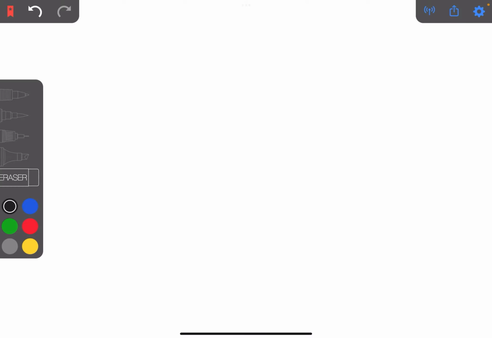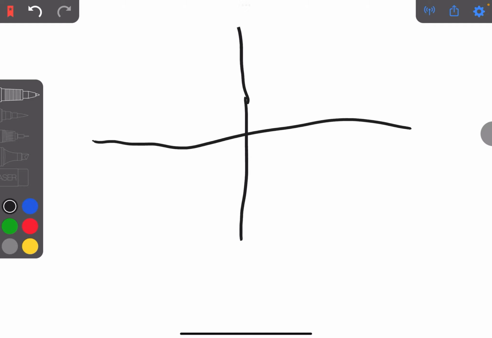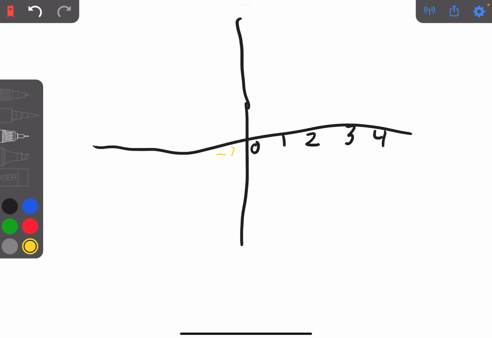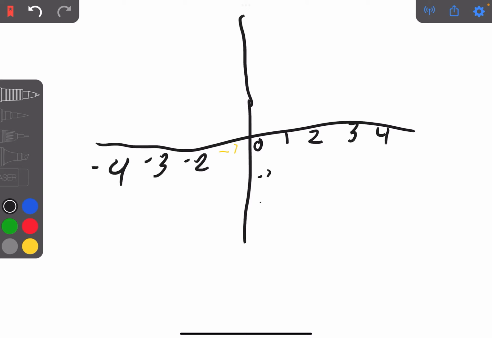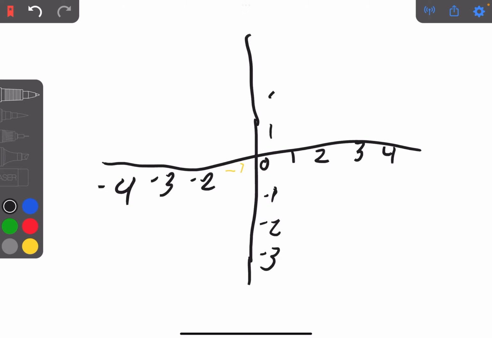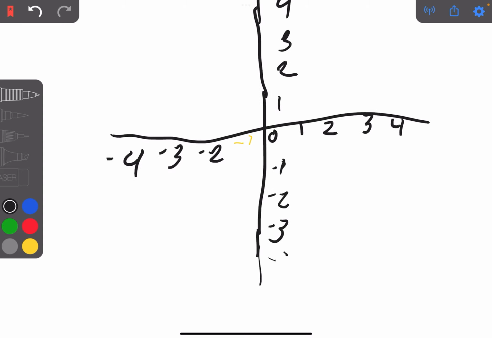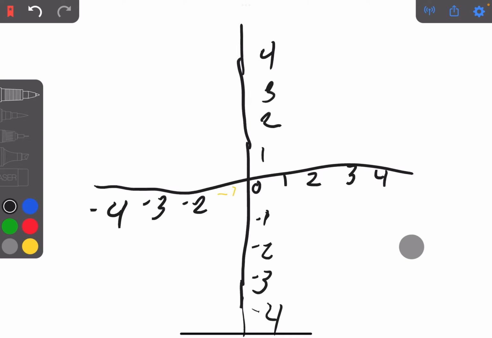So I don't want this video to be too long, but hey, the more you learn. We draw a new graph with 0, 1, 2, 3, 4, and -1, -2, -3, -4 on both axes.